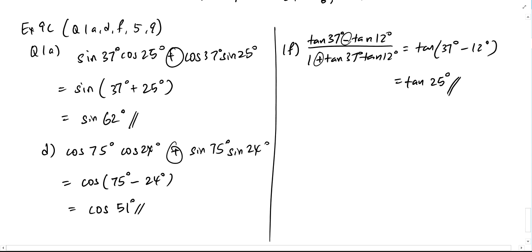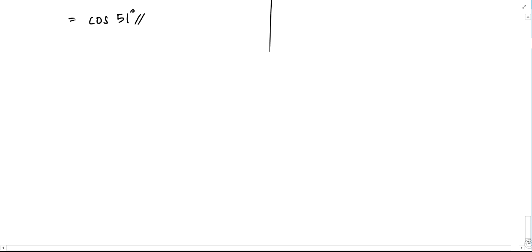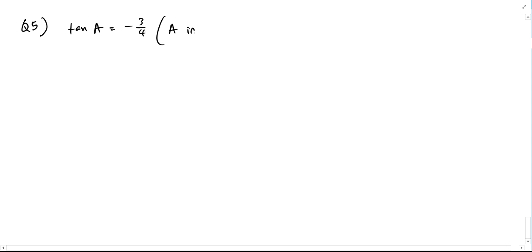So the next question is question 5. For question 5, they are telling us that tangent A is negative 3 over 4. Okay, must quickly know that this is A in quadrant 2 and 4. Then we also have cosine B negative 5 over 13.